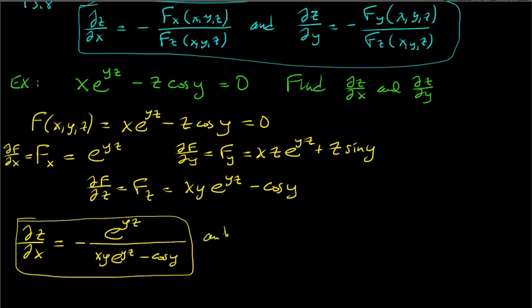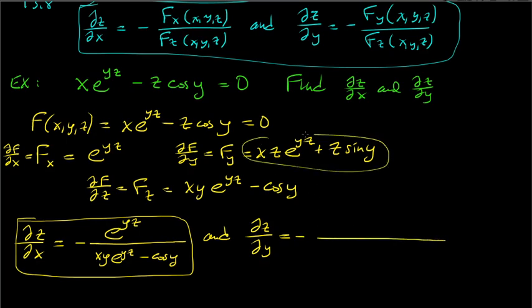And then the y partial of z, that's going to be minus fy over fz. So fy is this thing up here, so we'll just copy that down here: x e to the yz plus z times sine of y.